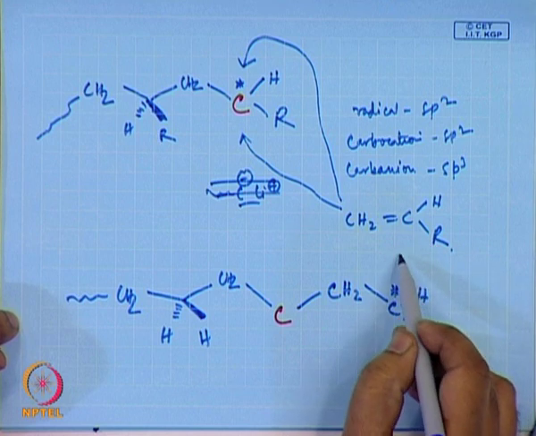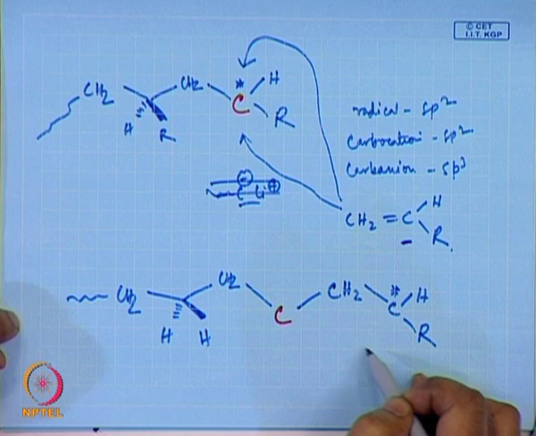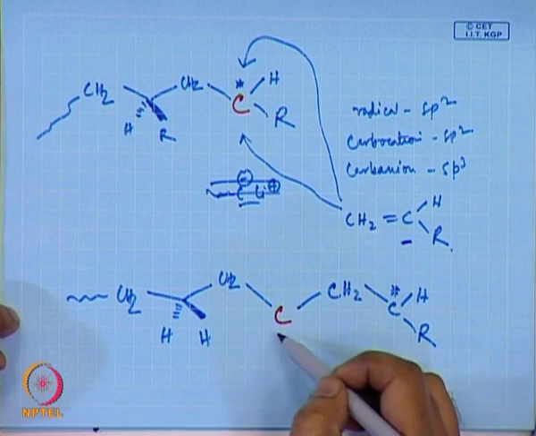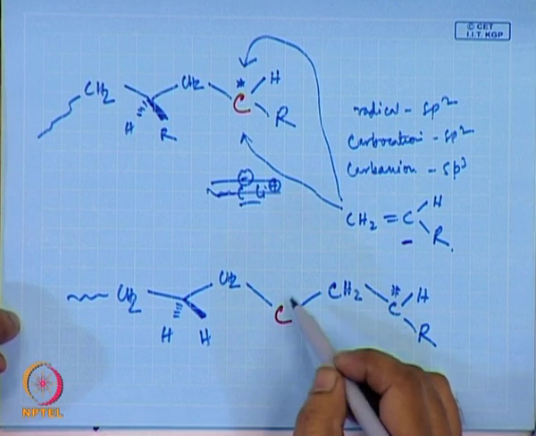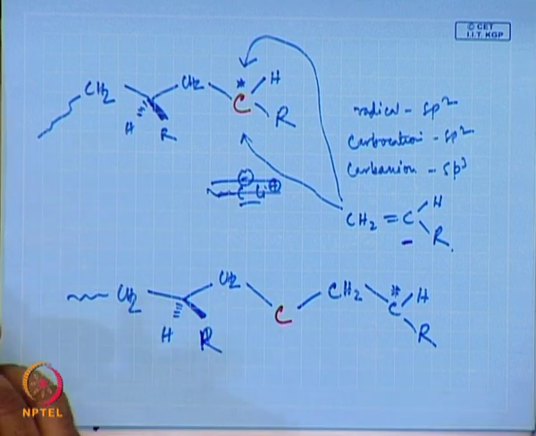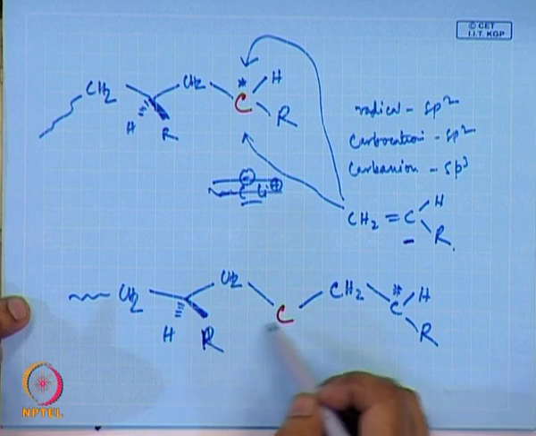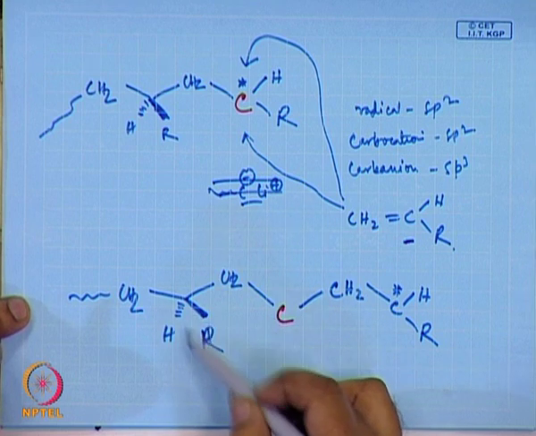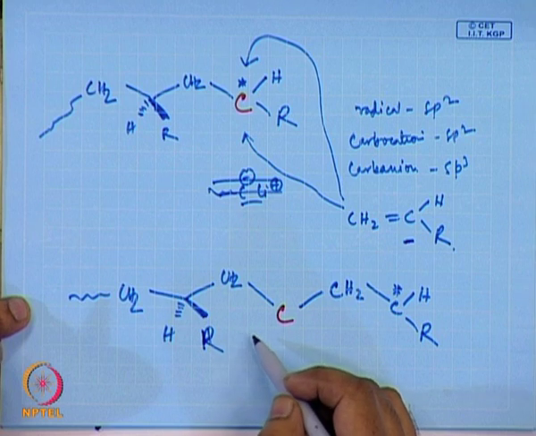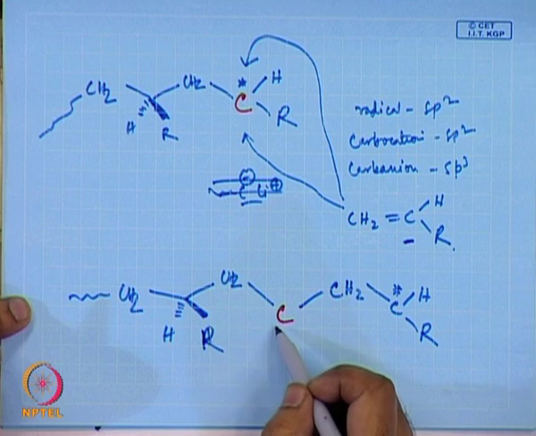This is the monomer which I have written here at the end now. So, for this, the configuration of this carbon, which side will the hydrogen and R come? Obviously, they will prefer, because R is up.